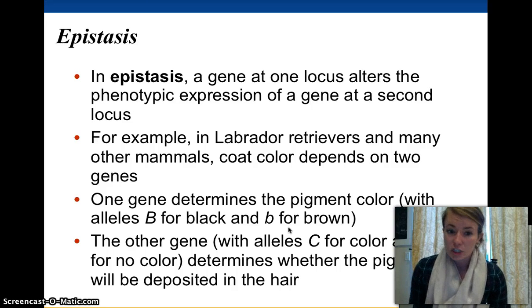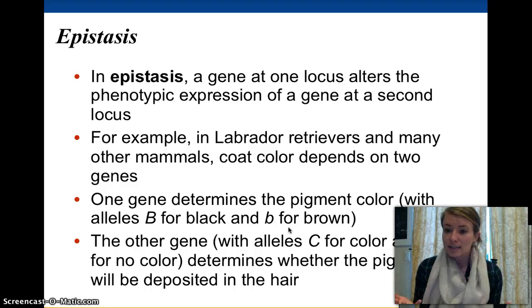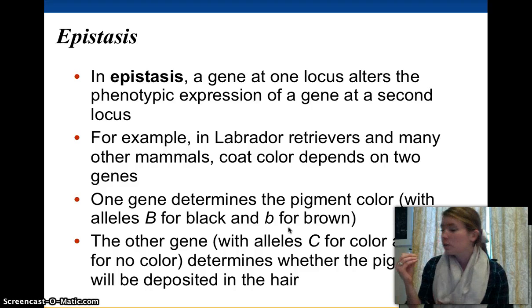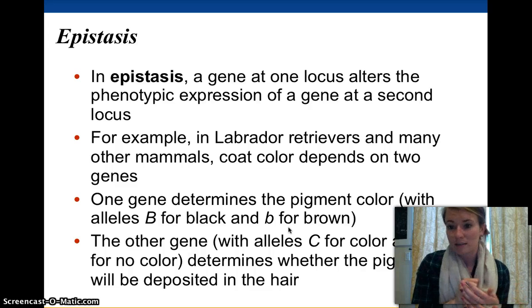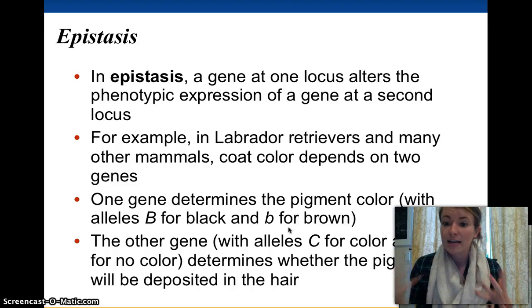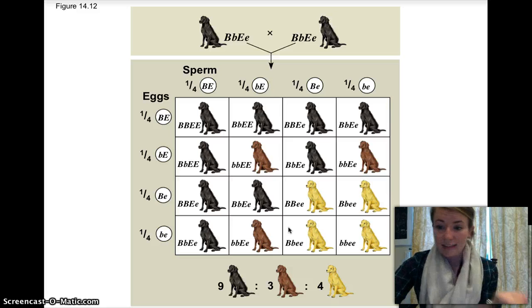But there is another gene which decides whether or not that pigment is going to be put into the fur color. So dogs can make the pigment, but they don't have the protein that puts the pigment into the fur. If that's the case, they're going to be yellow because they don't have any pigment in their fur. And this is called epistasis.